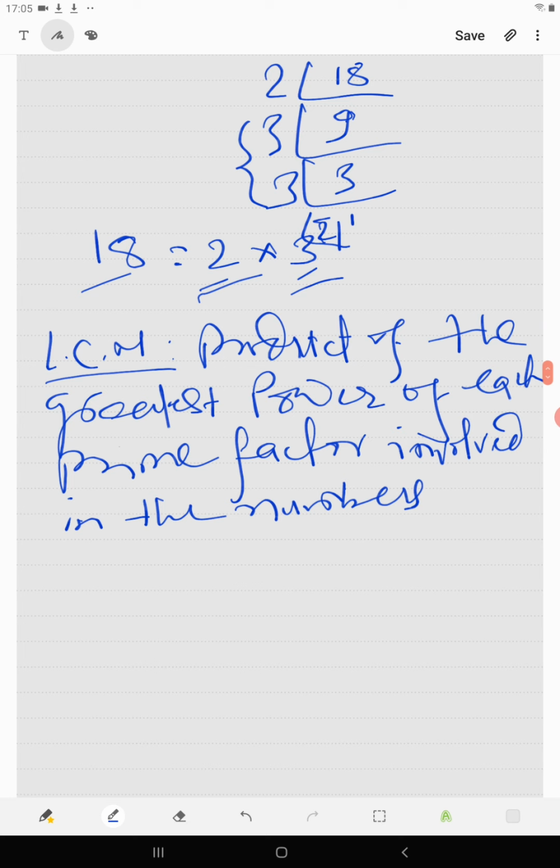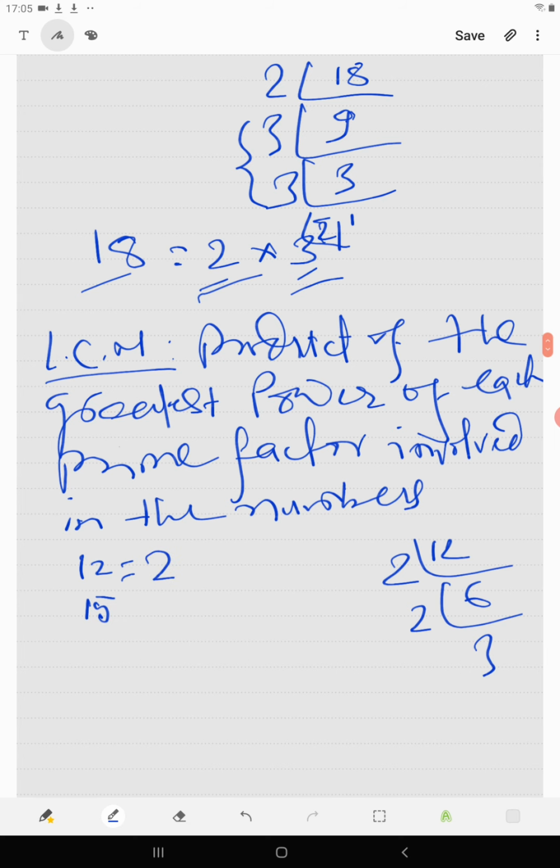Let's understand the meaning of the whole thing. Let's take two numbers, 12 and 15. I need to find the LCM of both. So 12 can be represented as 2 into 6, 2 into 3. So 12 can be represented as 2 square into 3.